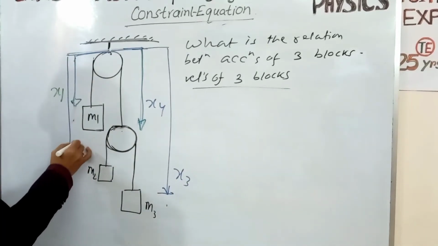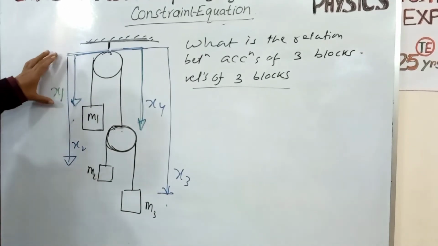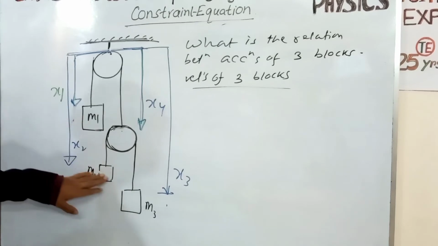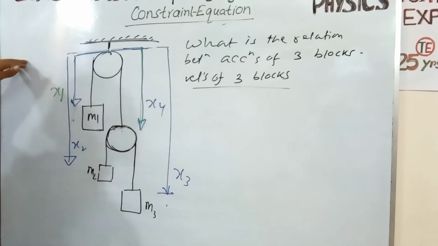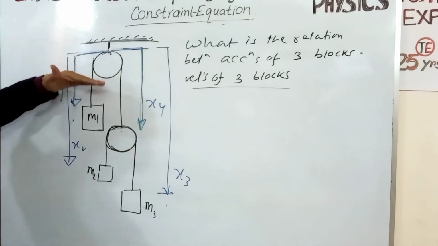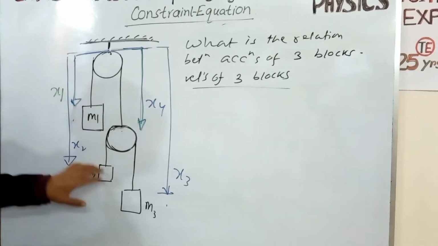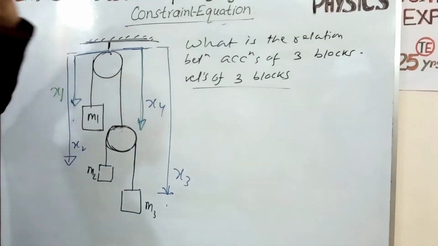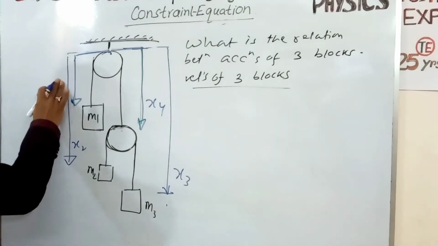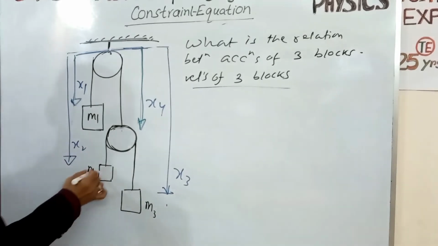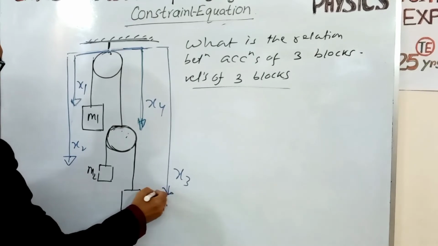We always take the distance of different blocks and pulleys from a fixed reference line which is not moved. So this is x1, this is x2, this pulley is x4 and this pulley is x3.